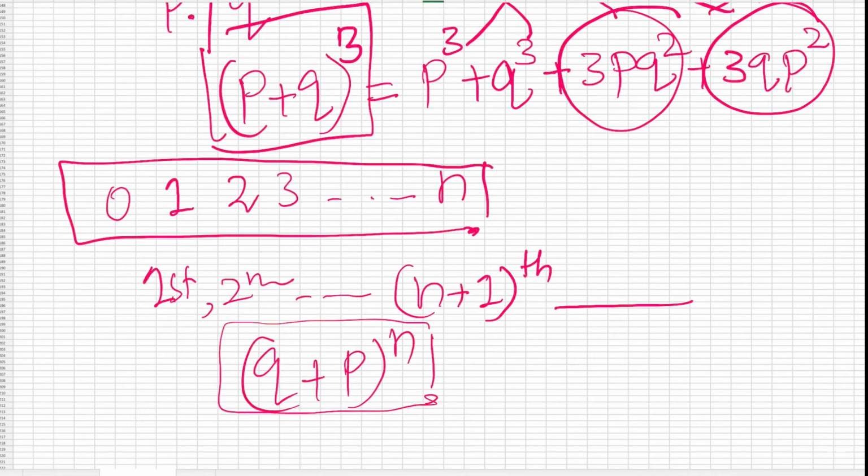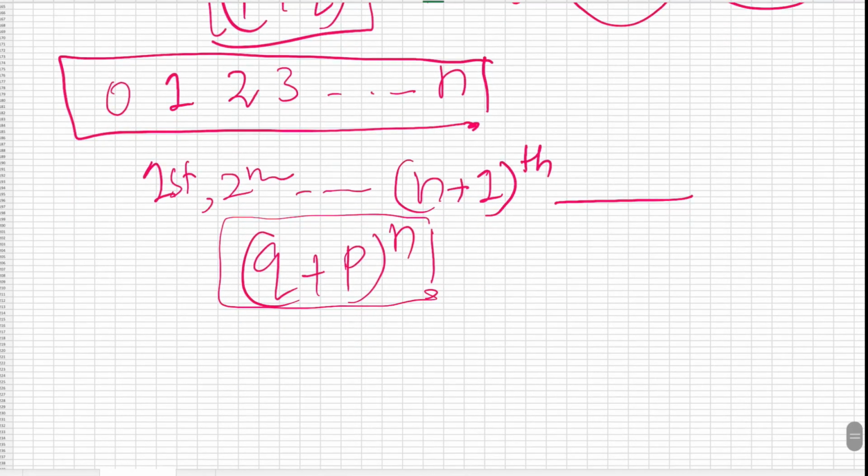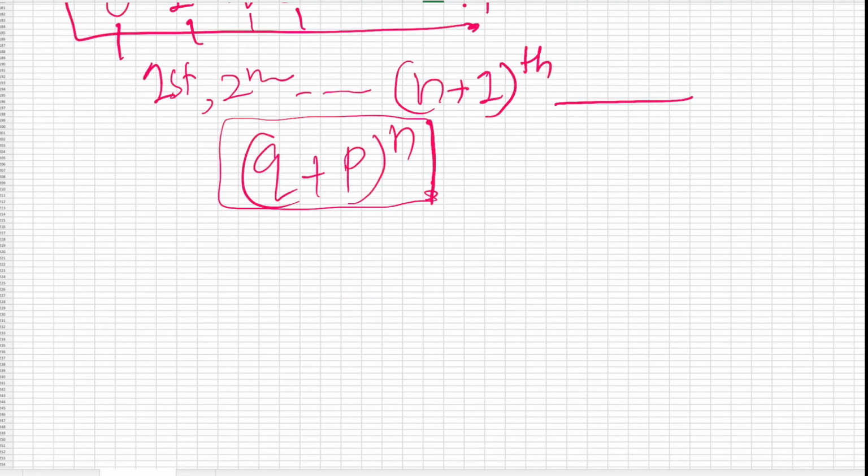So let's try to understand the binomial theorem in a standard formula, right?